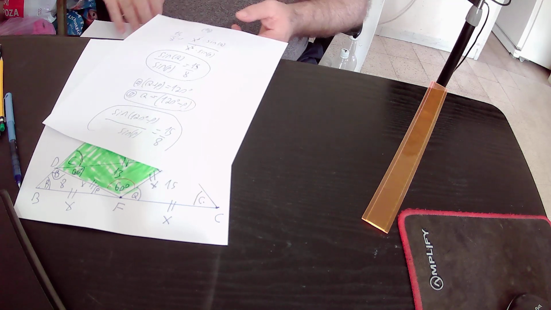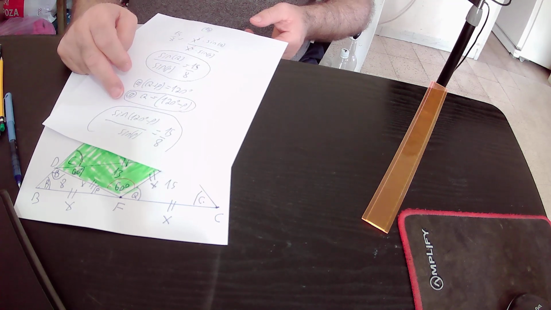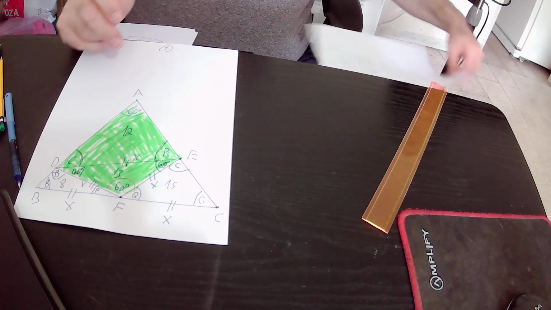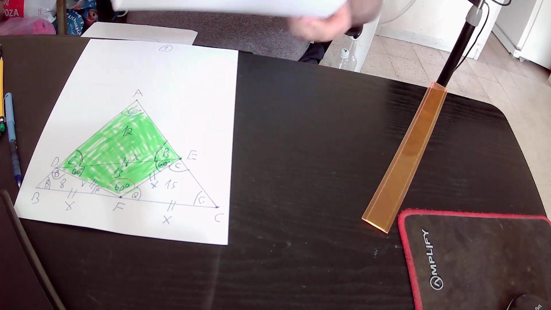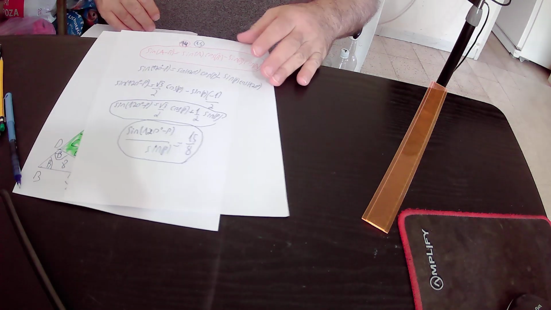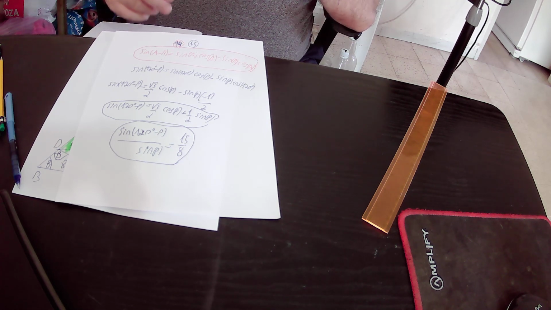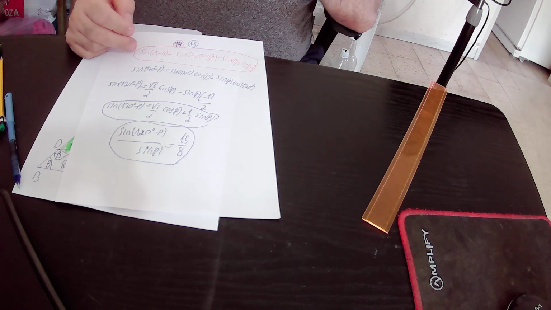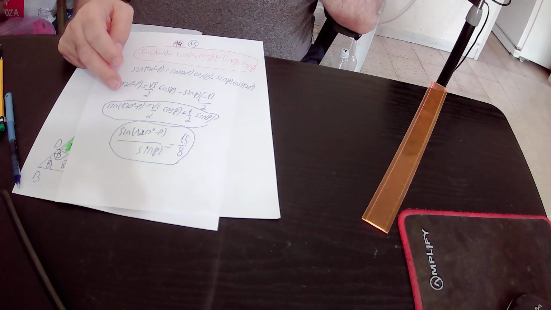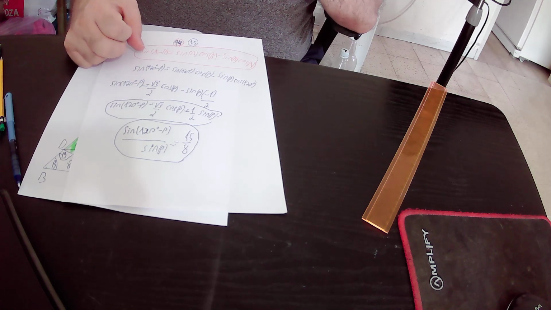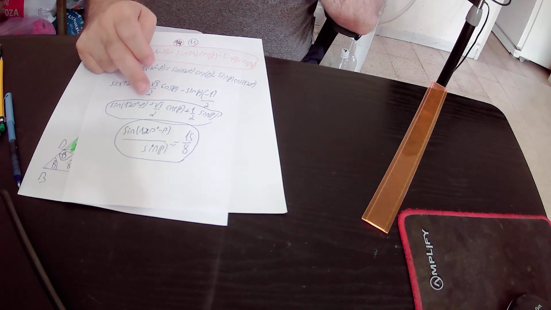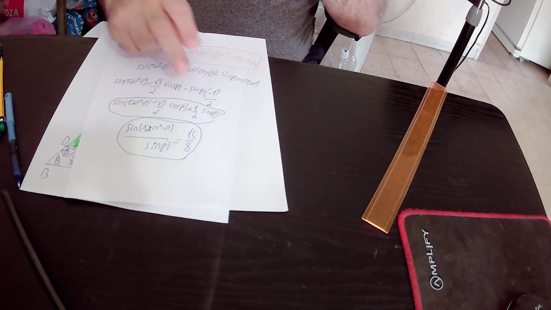Okay, and we'll calculate the value of sine 120 degrees minus p according to the trigonometric identity of sine A minus B. Sine A minus B equals sine A times cosine B minus sine B times cosine A. So we found out, by this trigonometric identity, that sine 120 degrees minus p equals root 3 over 2 times cosine p plus 1 over 2 times sine p.